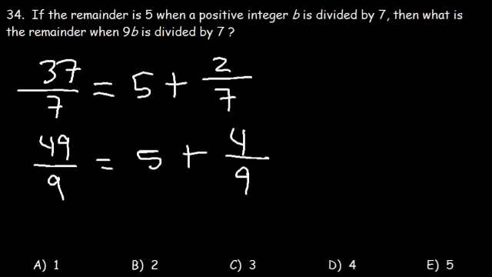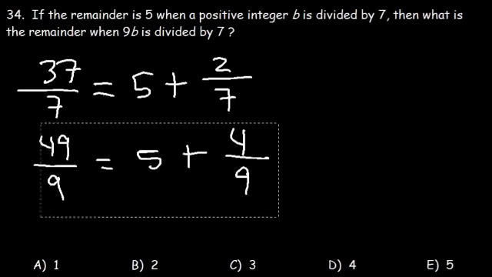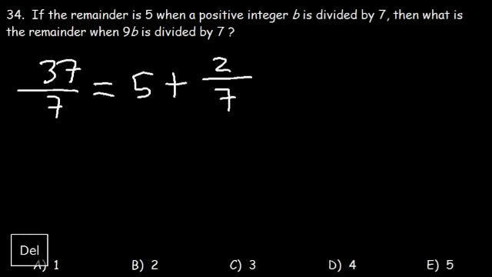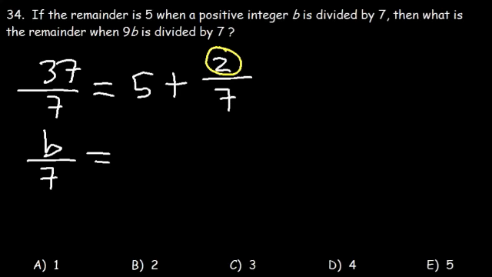So now let's see if we can apply this situation to this problem. But I wanted you to understand the process of dividing two numbers and getting the remainder. So when a positive integer b is divided by 7, the remainder is 5, but we have to write it as 5 over 7.